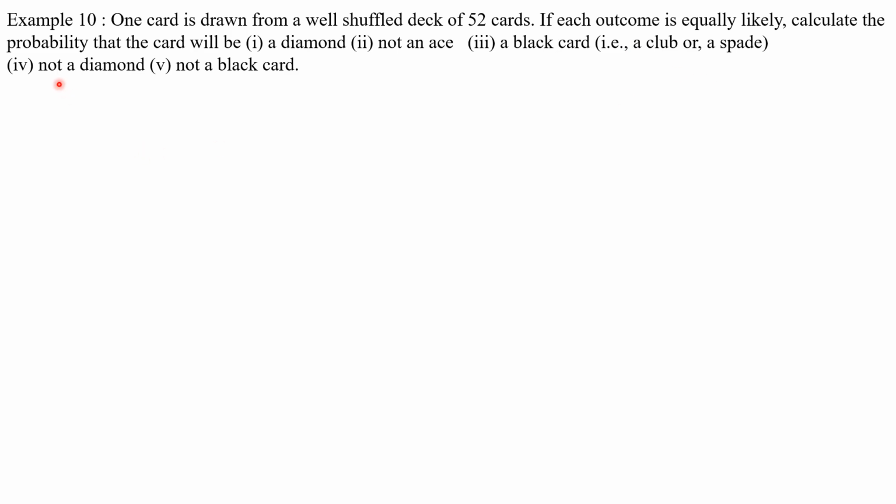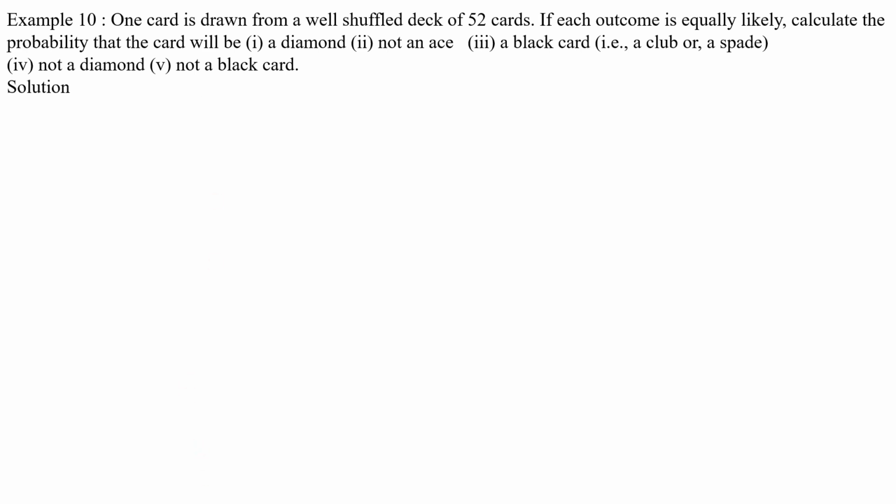The fourth one, the card should not be a diamond card. We have to find the probability of drawing a card which is not a diamond card. And the fifth one, the probability of drawing a card from a well-shuffled 52 cards which is not a black card. Okay, my children, understood all these events?